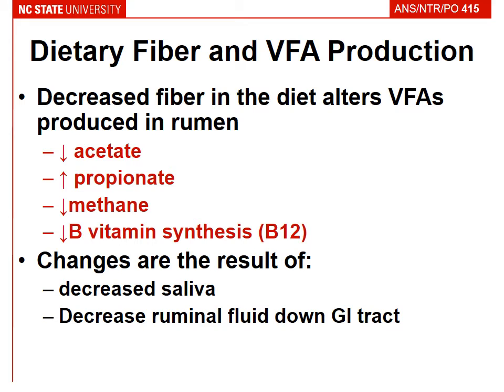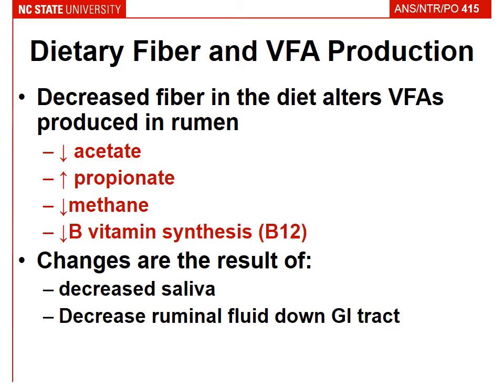When we have these high starch diets, you end up getting a decrease in the saliva, and that's very critical because that's going to alter the pH within the rumen. If you remember, the saliva within the ruminants is mainly coming from the parotid salivary gland. It's the serous saliva that has a lot of water and electrolytes, and those electrolytes are buffering the rumen.